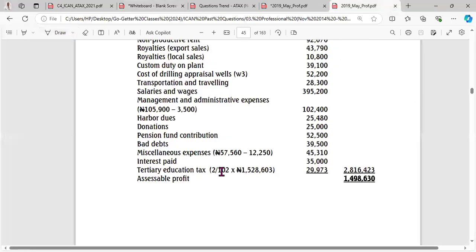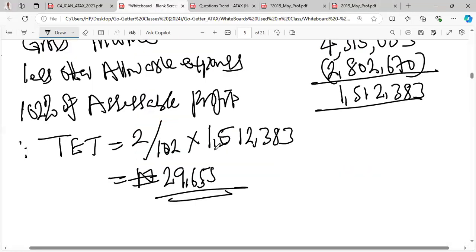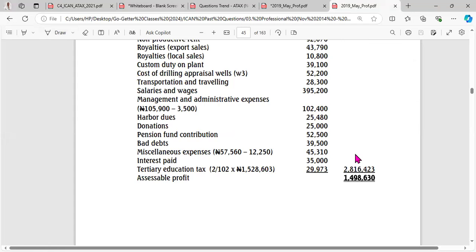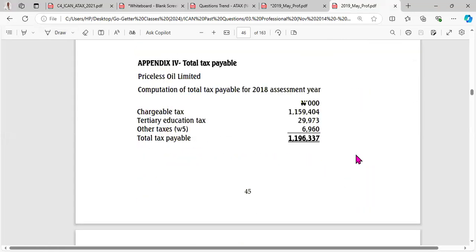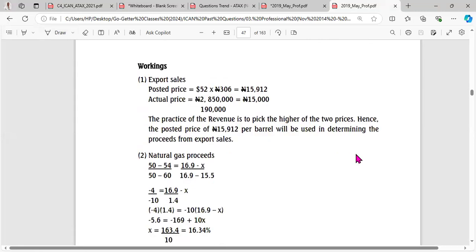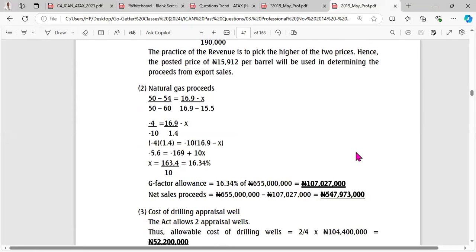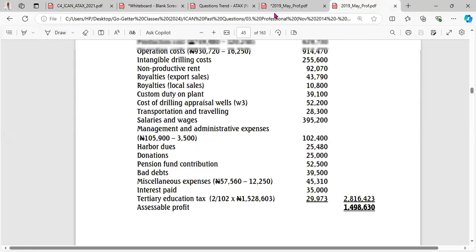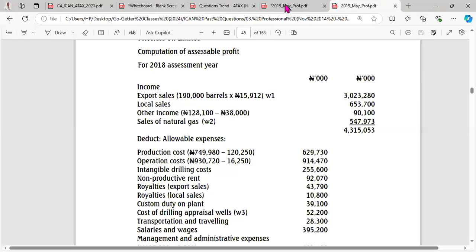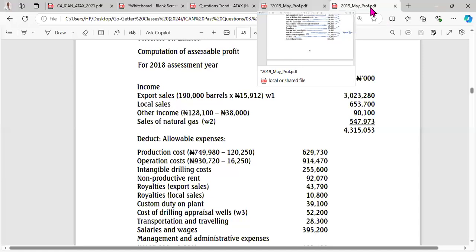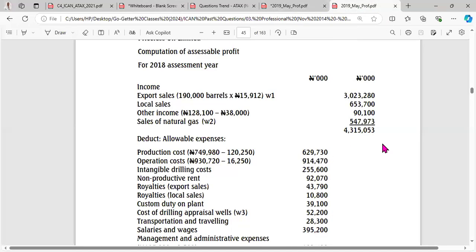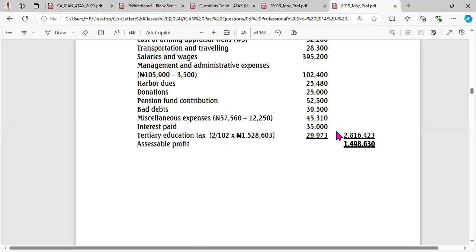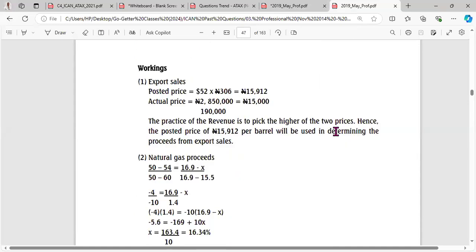they are getting something different. I wonder what they got. 1,528,603. Let's see what they did there. Okay, let's see their gross income. Maybe we must have missed something there. Their gross income is the same as ours. Now let's see how they calculate their TET.